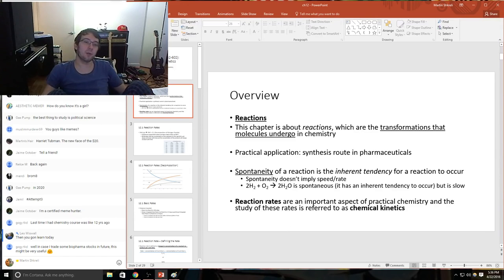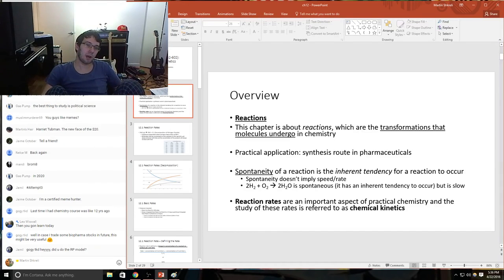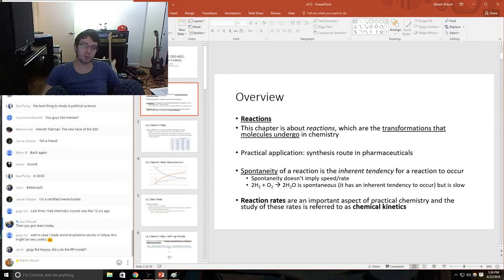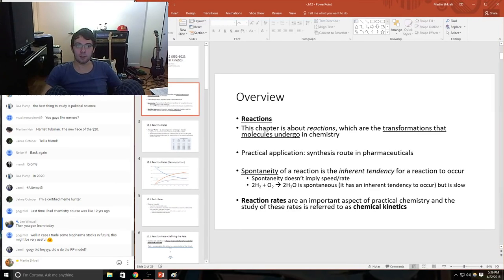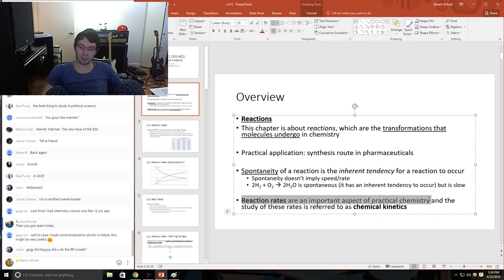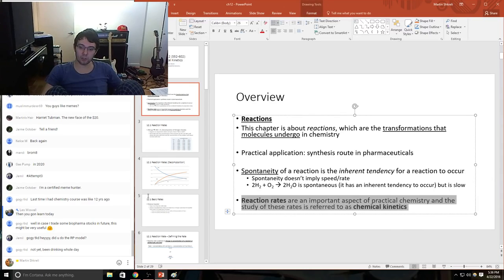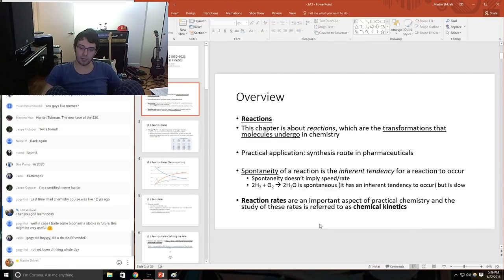So if you don't understand what logarithms are, I suggest that you pause now, review logarithms, which are actually pretty simple, and come back to this course after you understand logarithms. In any event, reaction rates are what industrial and practical chemistry is all about. Studying these rates, we'll sometimes call it chemical kinetics, but I'll just call it reactions or reaction rates.